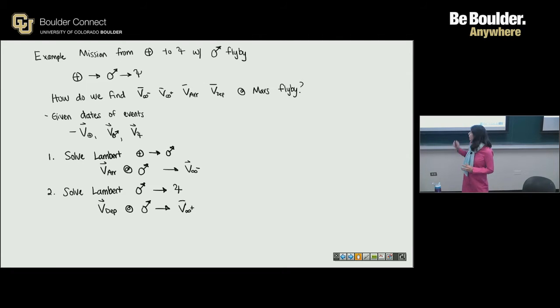Now, the diagram I drew before, we showed our departure velocity looked larger than our arrival velocity. So we've essentially got two ways to fly by the planet. So if this is our planet here, we've got the velocity of the planet.